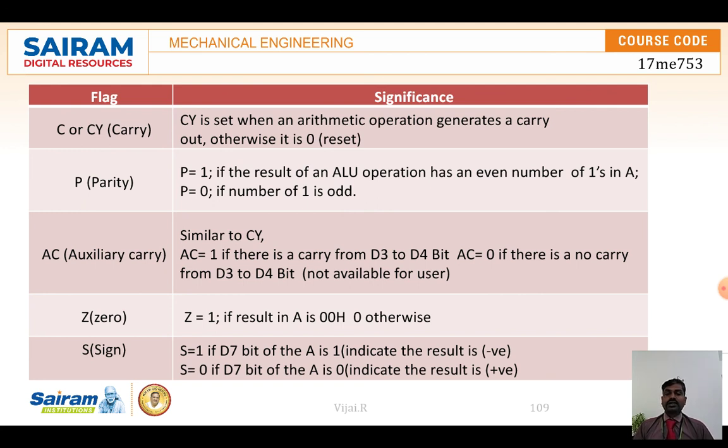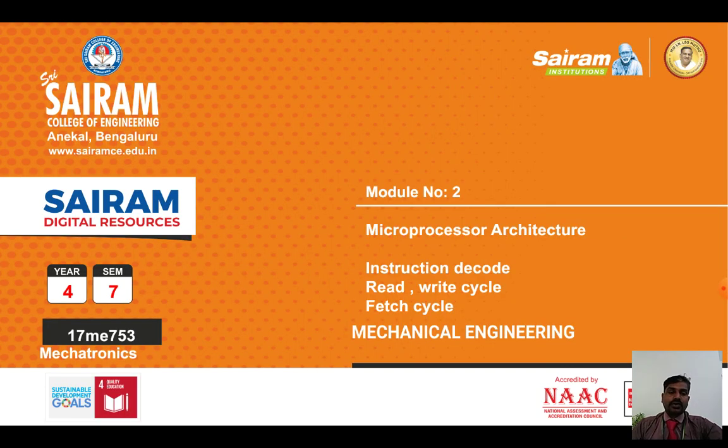Like this, the flags show the status of the microprocessor, the status of the result, and according to that it will act. So these are all the flags which help to understand the status of the process, right?